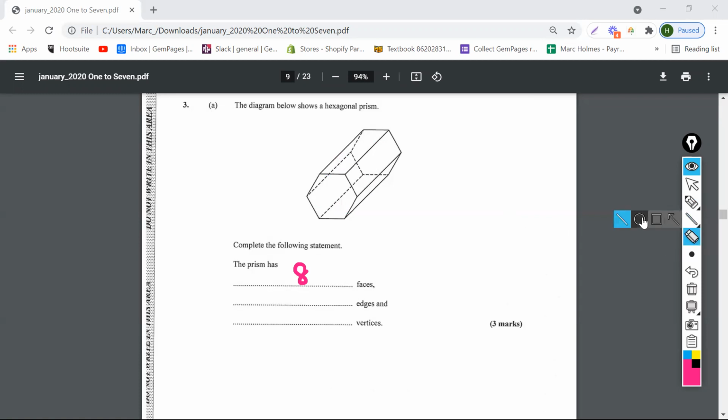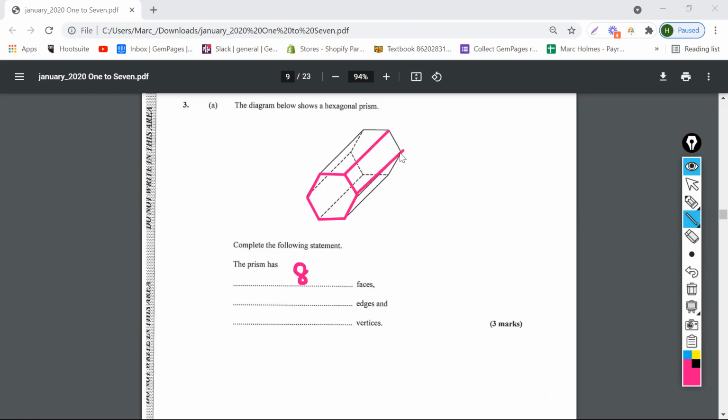But the edges now, guys, how many edges do you think this has? Well, I'm going to start and count them. This is 1 edge. This is 2 edges. This is 3 edges. This is 4 edges. This is 5 edges, and this is 6 edges. This is 7 edges.